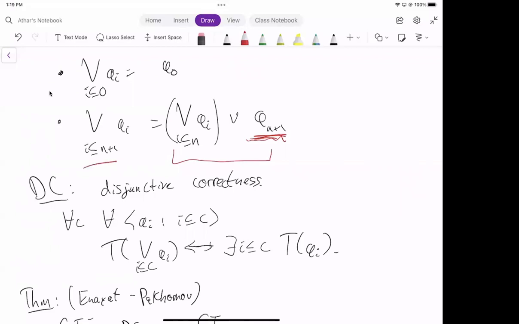The disjunction on the left is true if at least one of these disjuncts is true. So if you have something along the lines of some phi_i or 0 equals 0, this is now a non-standard length disjunction, and it has to be true because it has a rightmost disjunct which is true. Yeah, you're right.